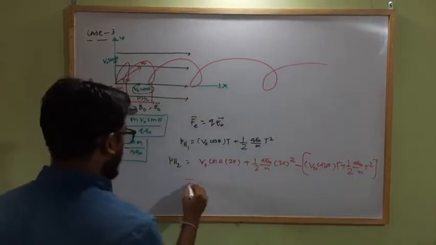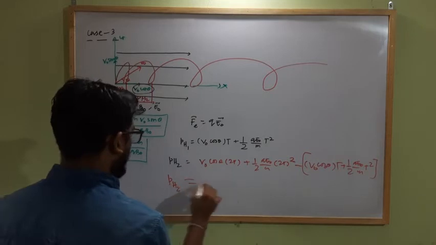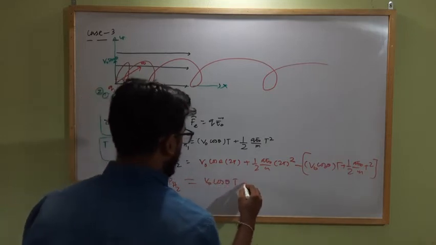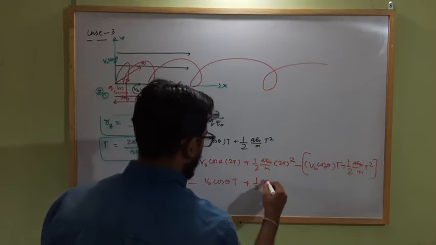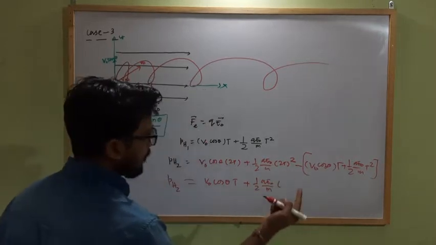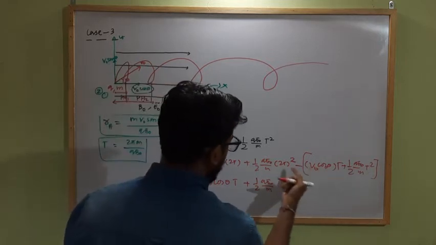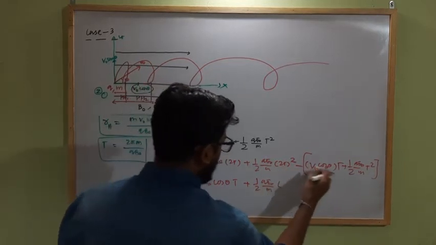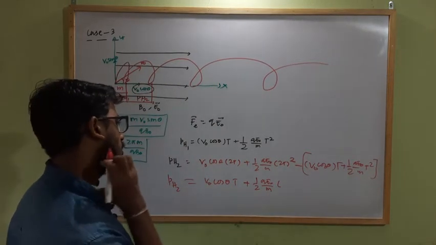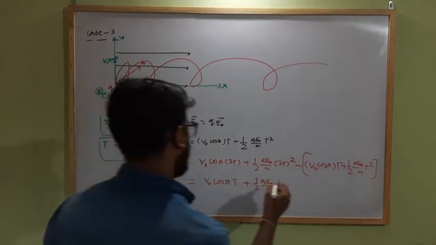So simplifying this, we will get the value of pitch 2 as v naught cos theta t plus half q E naught by m into t square, so it will become how much?